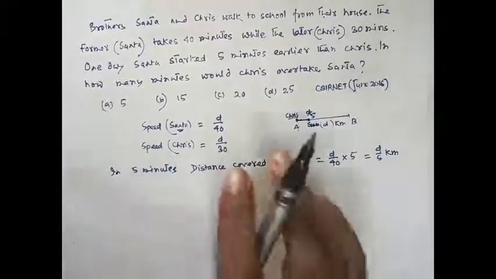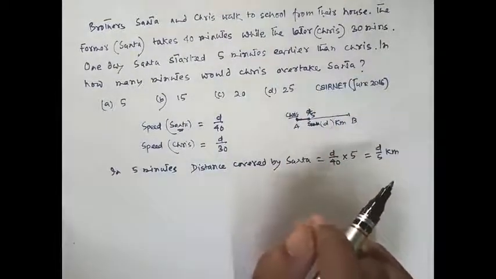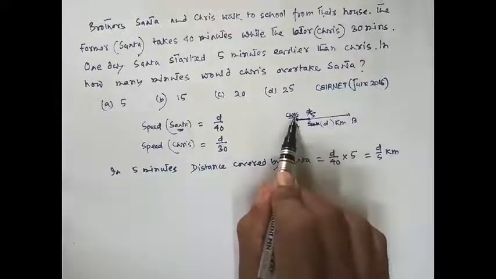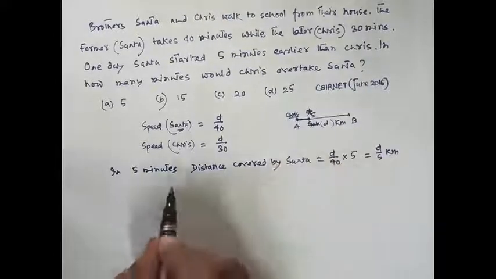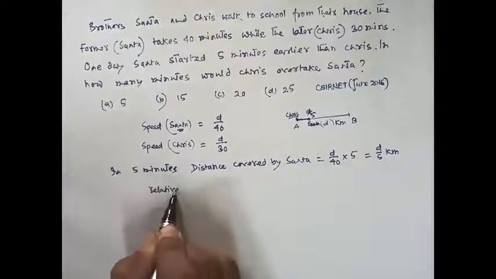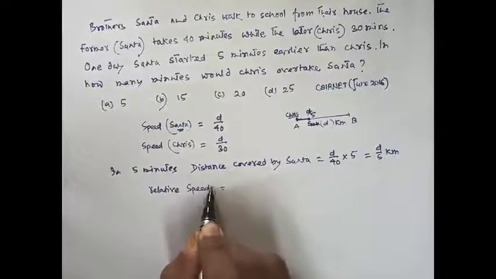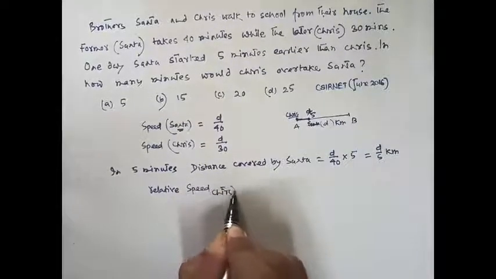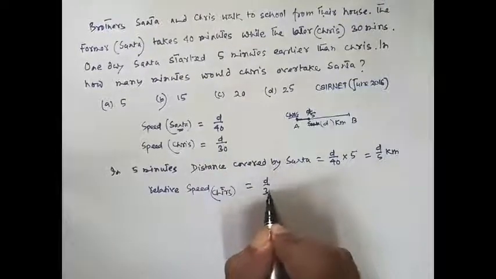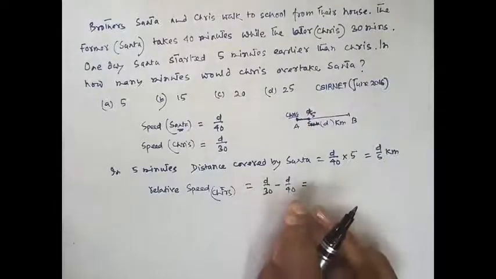Now in this case, the relative speed of Chris with respect to Santa would be d by 30 minus d by 40. This is the relative speed.